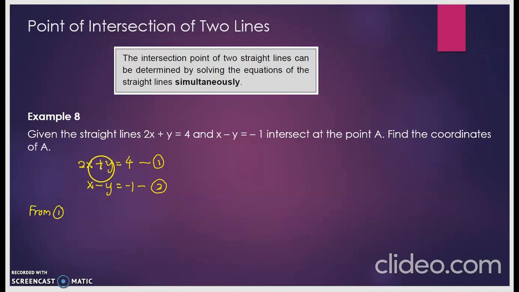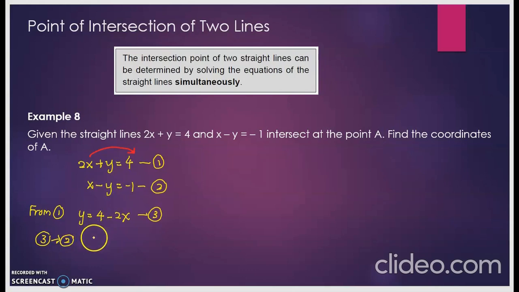So I left y as our subject. So y will be equals to 4 minus 2x. It means that I move 2x to the right hand side. It will become 4 minus 2x. Let's say here is equation 3. So next I will substitute equation 3 into equation 2.